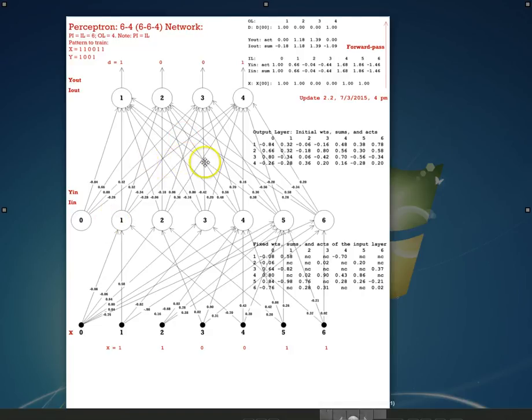So in this network, at the output, every element here is fully connected. That means if there are 6 inputs plus the 0th element, the bias element, there are 7 elements here. Each element here would have 7 inputs: 6 from the elements plus 1 from the bias element.